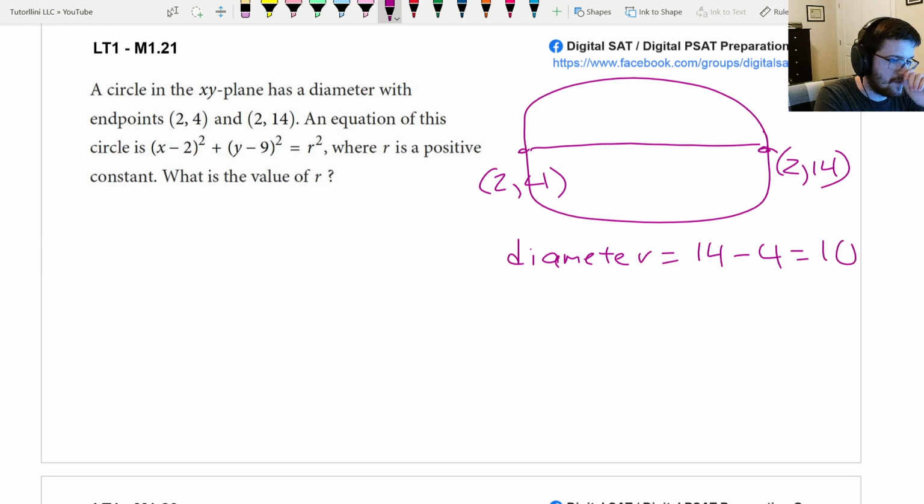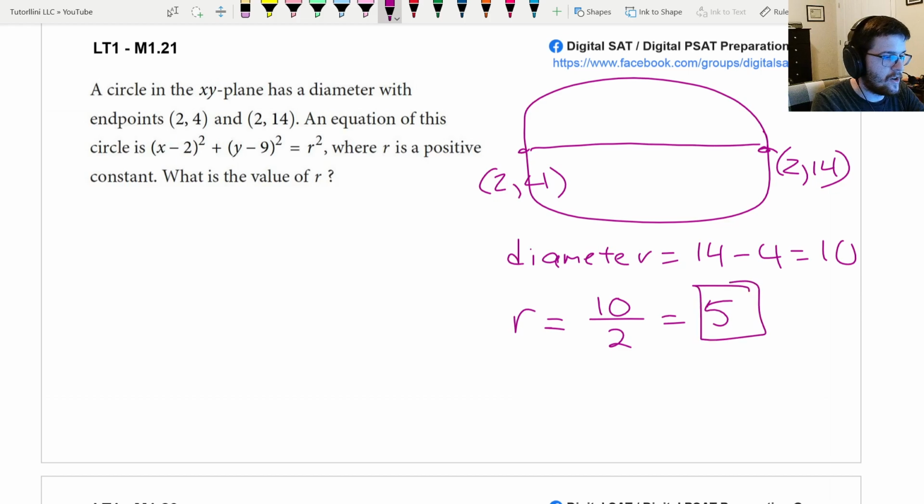So hopefully that makes intuitive sense. The radius, which we write as r, is the diameter divided by 2, so it's 5. The r is 5. That's it.